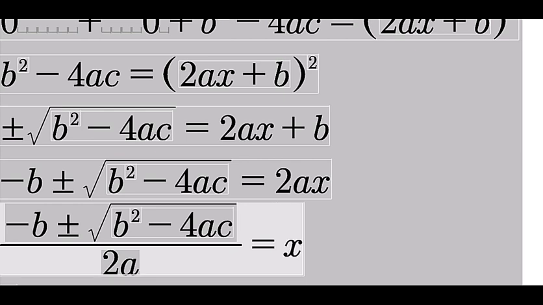Okay, so at this juncture, note that we actually divided through by 2a. So from the right hand side, 2ax all over 2a, we cancel out 2a. Okay, so we are left with x from the right hand side.